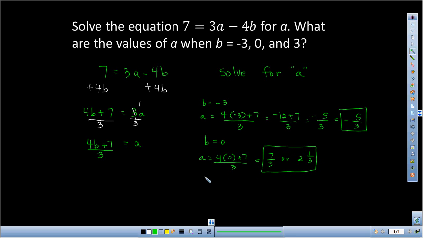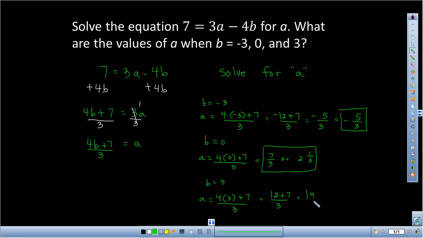And finally, what happens if b is equal to a positive 3? We have a is equal to 4 times 3 added to 7, all divided by 3. Well, 4 times 3 is 12, and then we add that 7 to that, and we divide everything by 3. 12 add 7 is 19.